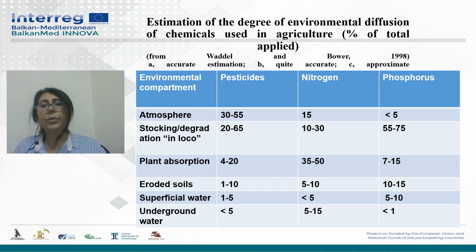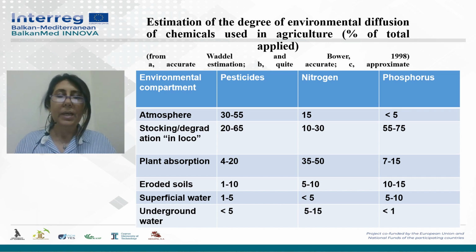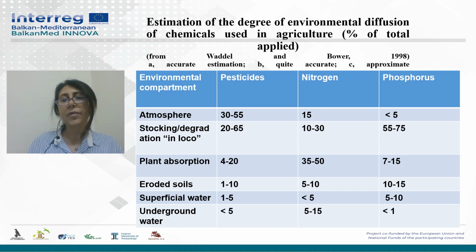Compare this, for example, to microelements that go into the soil through chemical fertilization. We see that in the case of phosphorus, 55% to 75% of it remains in the soil, in loco. Why? Because the phosphates, in fact, most of the time are not soluble.